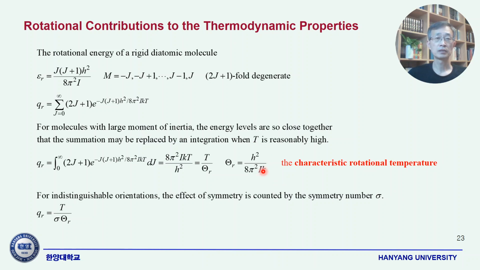And if there are many independent rotations, usually there are 3 rotations for a non-linear molecule, meaning that those are indistinguishable rotations. The effect of symmetry is considered with the symmetry number. So if I read it again, for indistinguishable orientations, the effect of symmetry is counted by the symmetry number.